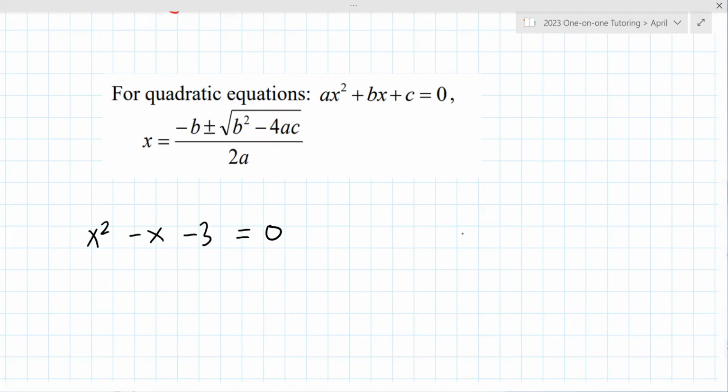So then negative b. Okay. And then -1, or no, +1 plus minus the square root of 1 minus 4 times 1 times 3. So then 1 plus minus the square root of 1 minus 12.